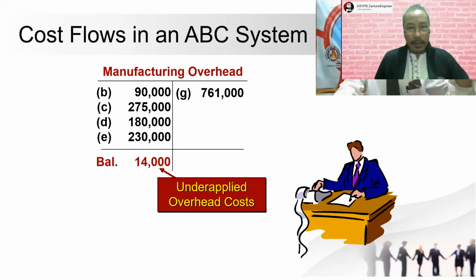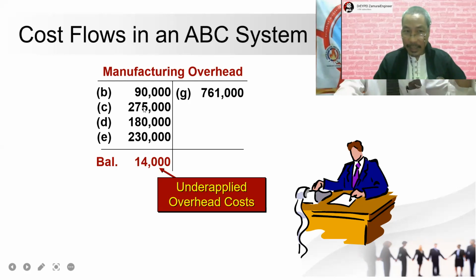Okay, so manufacturing overhead from the journal, all of the account names with manufacturing overhead, put it here. And just follow. For example, letter C. I will give one example. Letter C is 275. This letter C is on the right side, meaning it is debit.